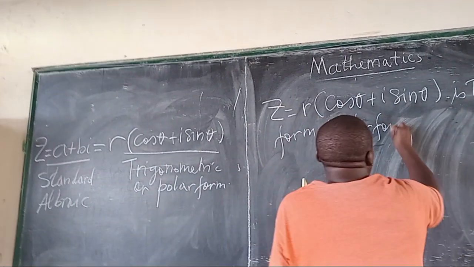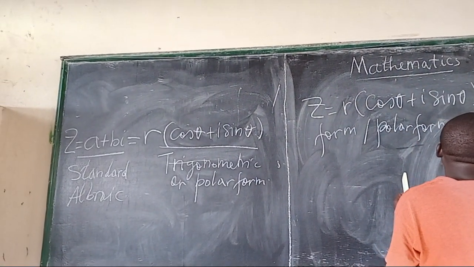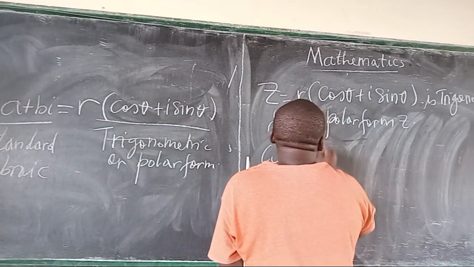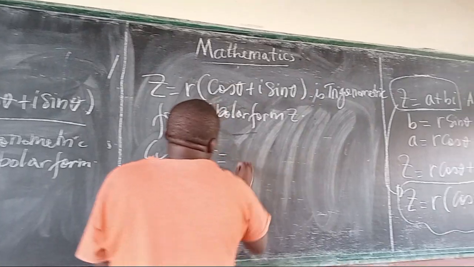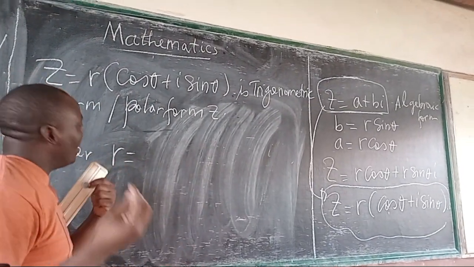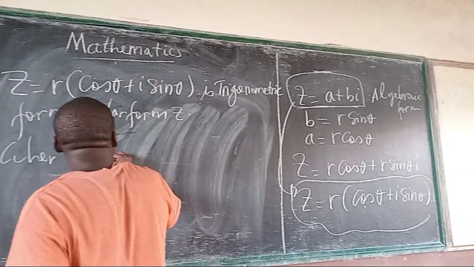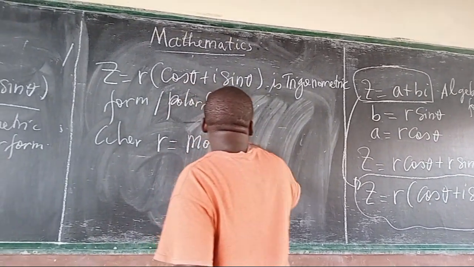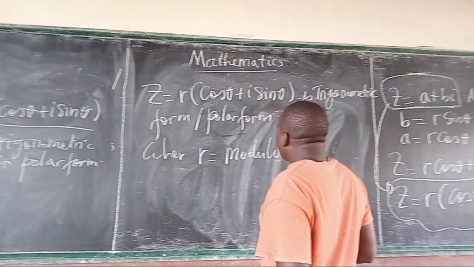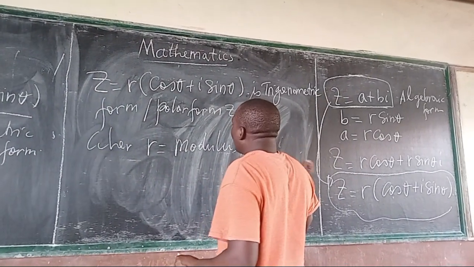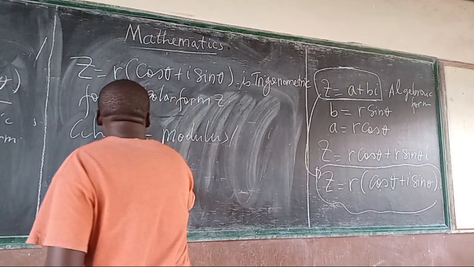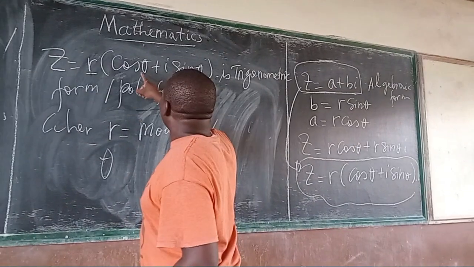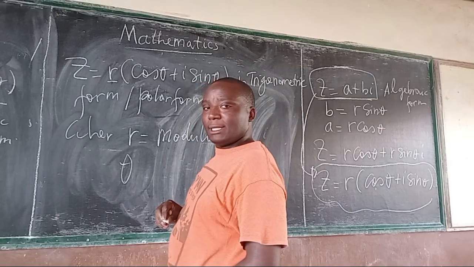Polar form of complex number z, where this small letter r stands for the modulus. We say modulus, or magnitude, or absolute value. And theta here stands for what?